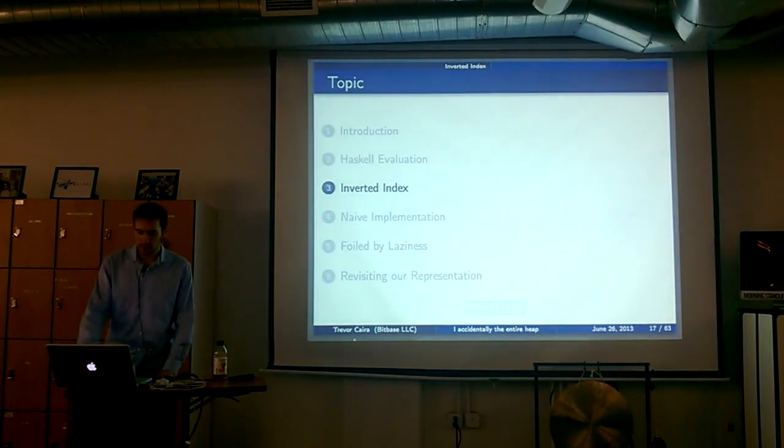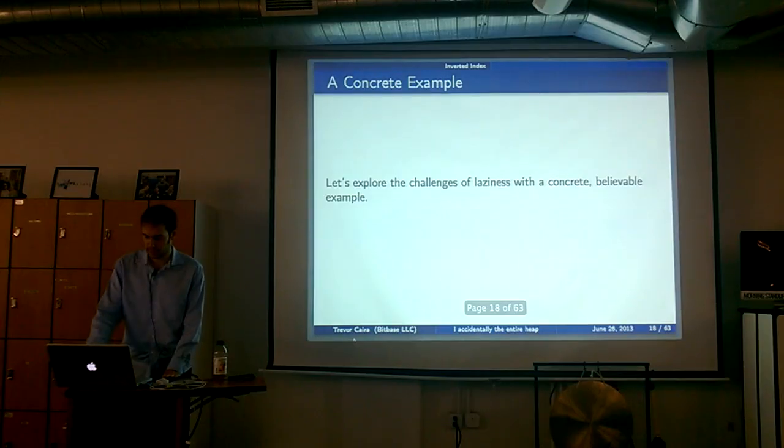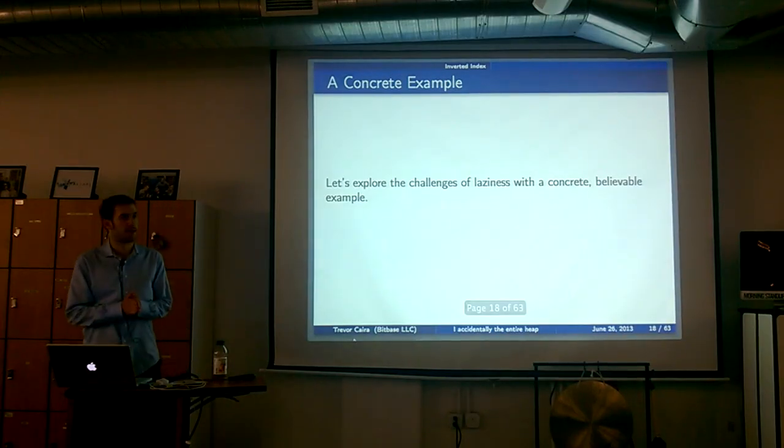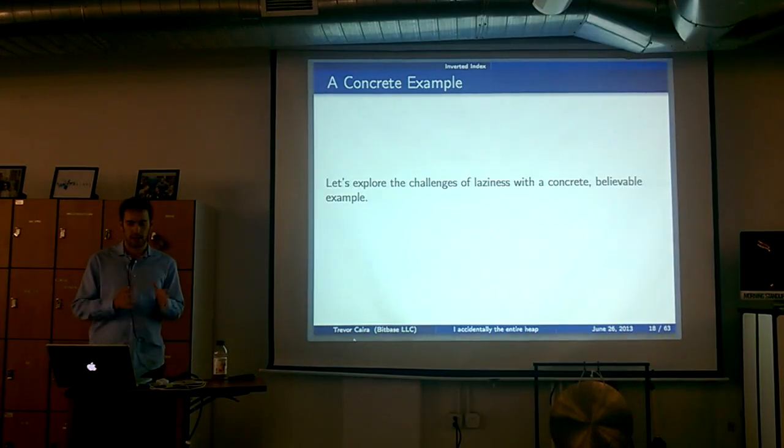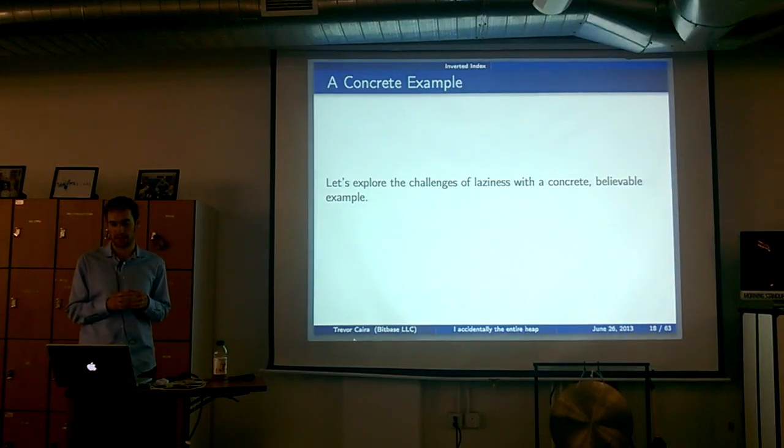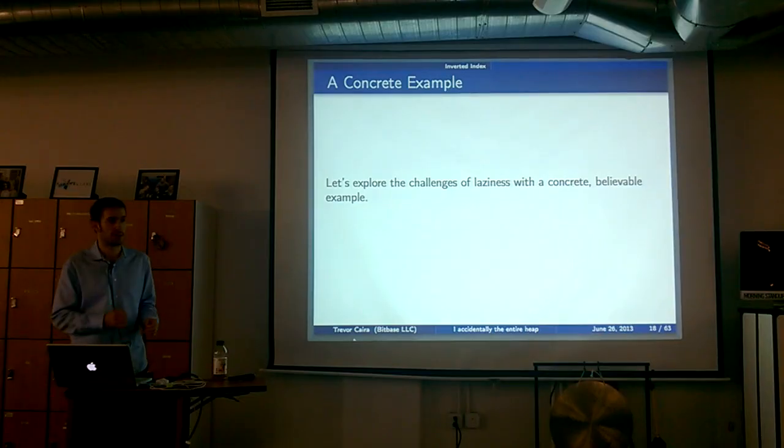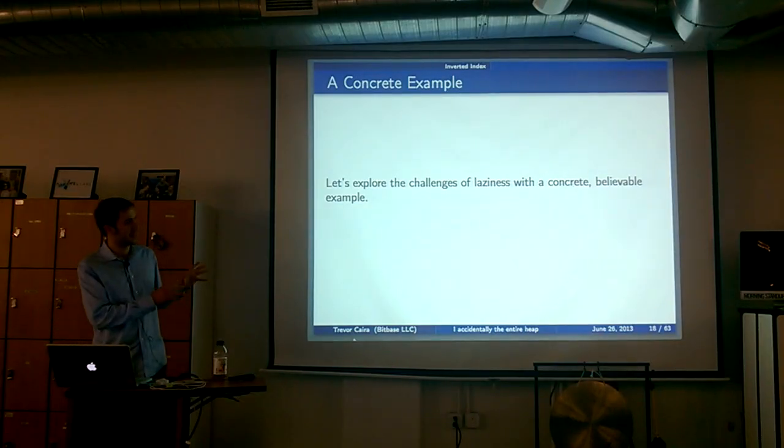All right, so my example here is an inverted index. This is just a showcase of an example where you can actually run into these problems, even in a not that small program, while still being concrete.